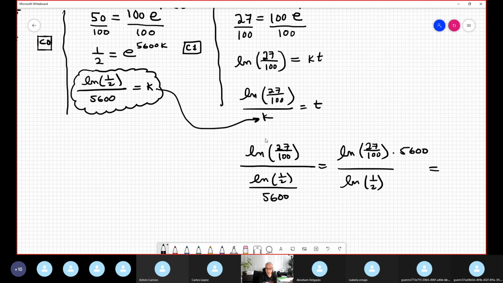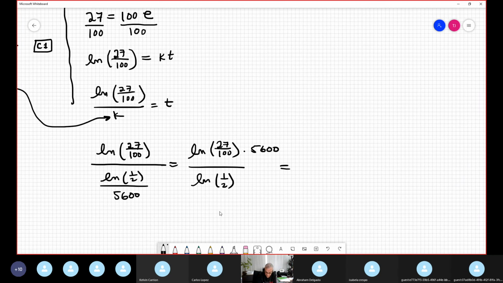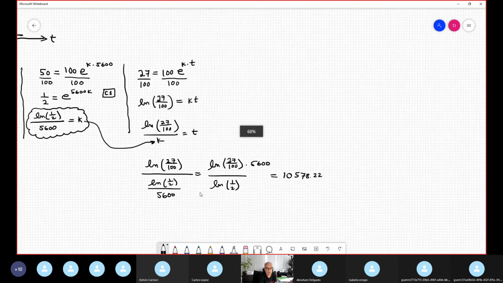Wow, it's a lot of years. At least in my calculator I get 10,578 years. Decimal, no, 22. It's not important. This is not significant thing. Get the idea. 10,000 something.